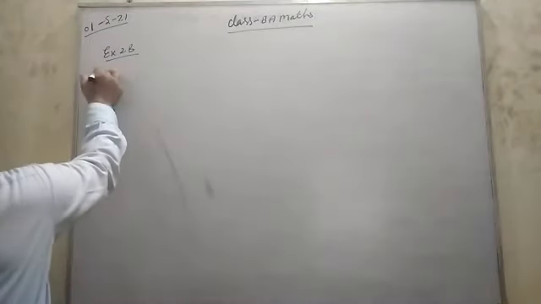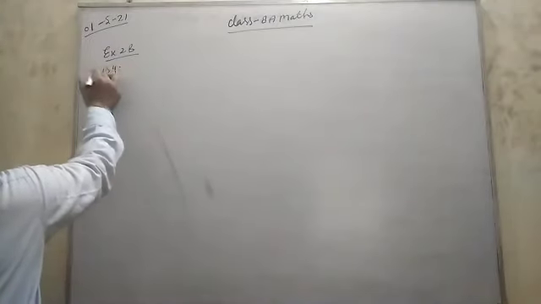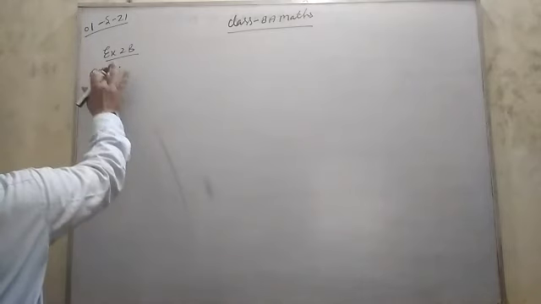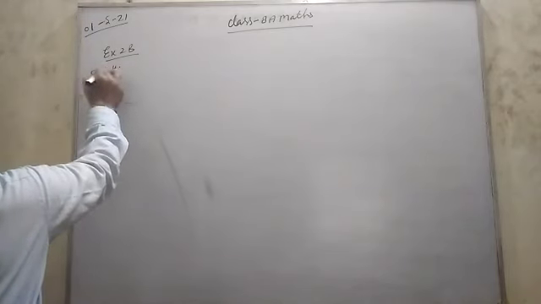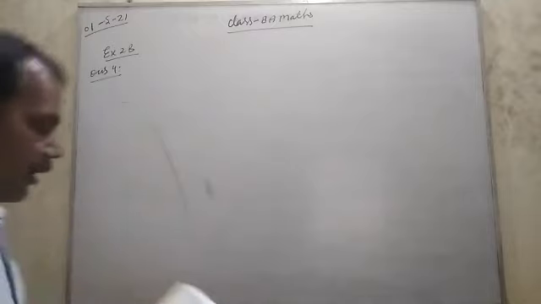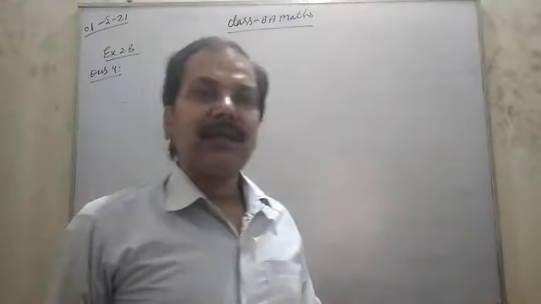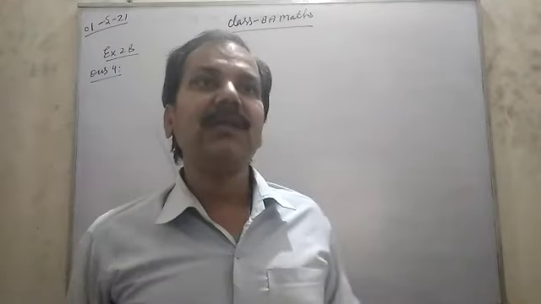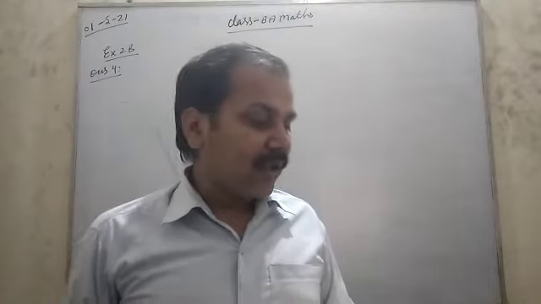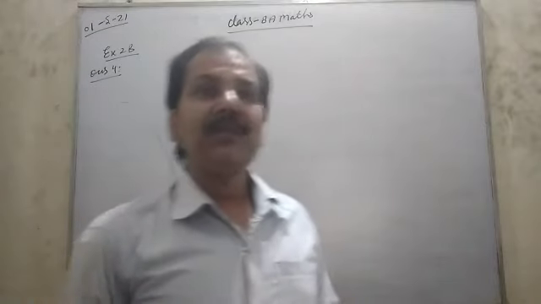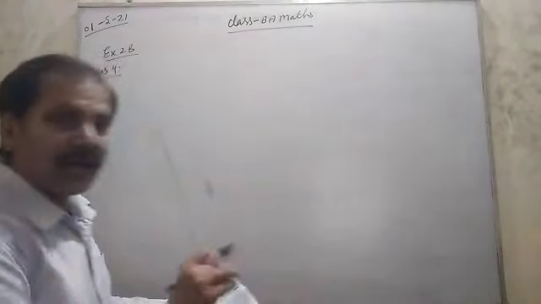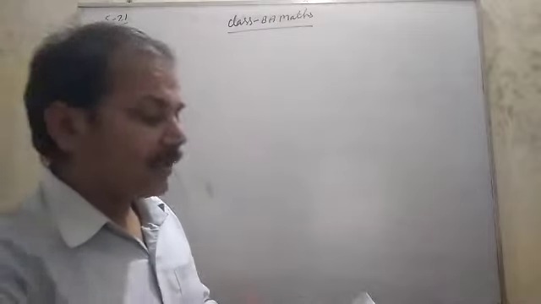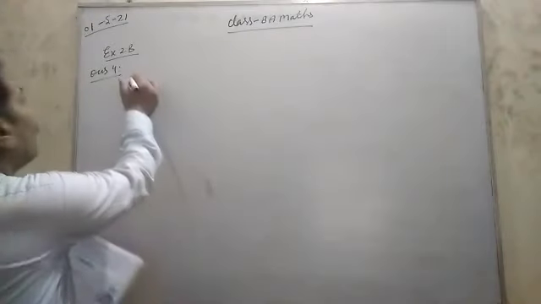So question number 4. Write each number in standard form. In the beginning I told you that standard form here means usual form. So write each number in usual form. You cut that standard and in place of that, you write usual form.